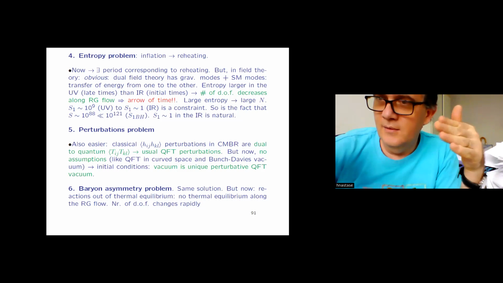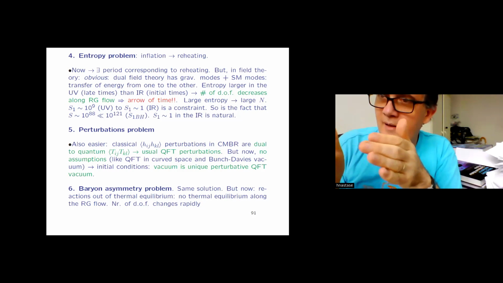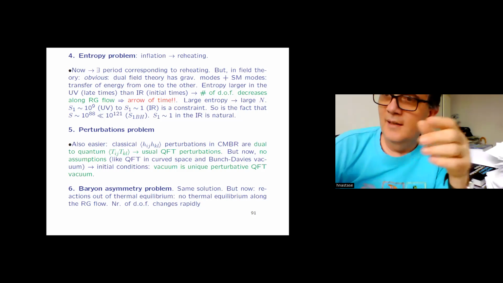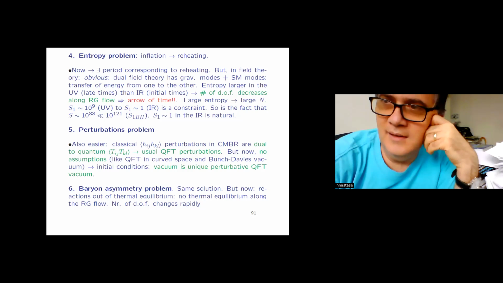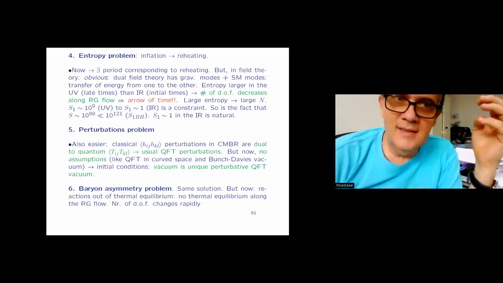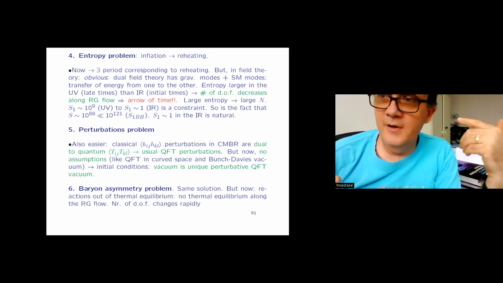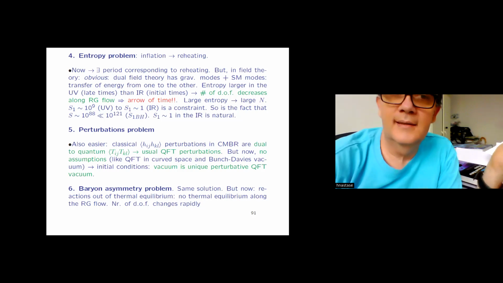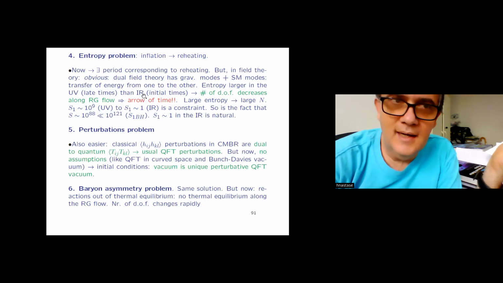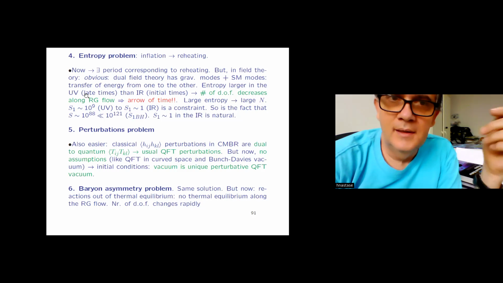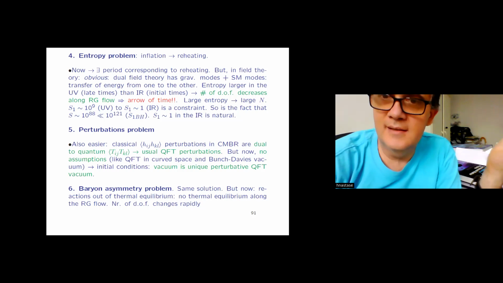When we do the RG flow, we consider an averaging over blocks, which amounts to a decrease of the number of degrees of freedom, which means that along the inverse RG flow, the degrees of freedom increase. So from IR to UV, the number of degrees of freedom increases, therefore the entropy increases.